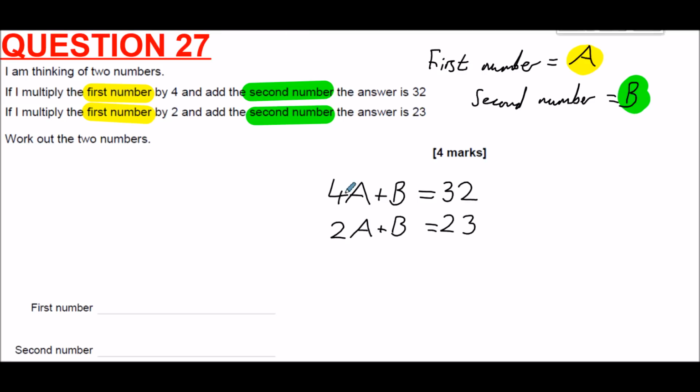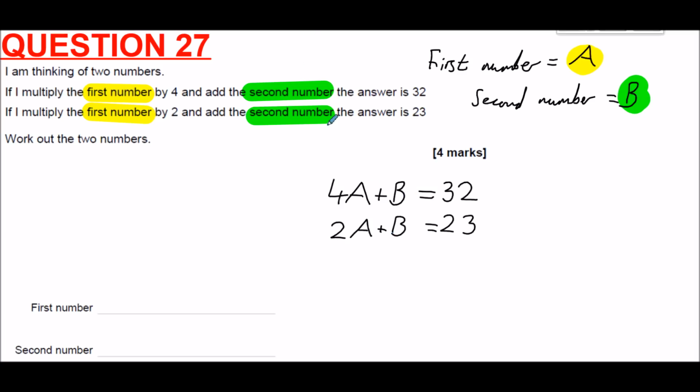The objective with simultaneous equations is to eliminate one of the unknowns, whether it be the A or the B. In this case, what we do is we try and pick the unknown which has got the same numbers in front of it. Don't worry about the signs yet. The A's have got different numbers, 4 and 2, but the B's are the same. They've got one B on top and one B on the bottom equation.